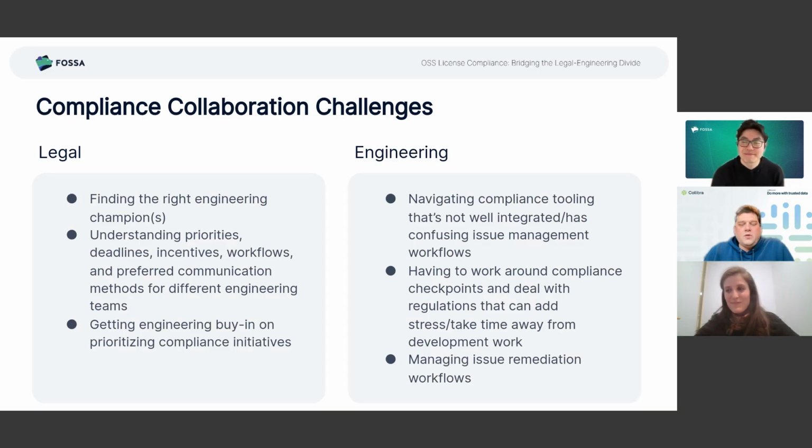So getting engineering involved early in this selection process, the procurement process, is also very important. They can already start discovering the tool before it lands in the company, and they can already start thinking about how to integrate it. From my perspective, that's something we should have probably done better.